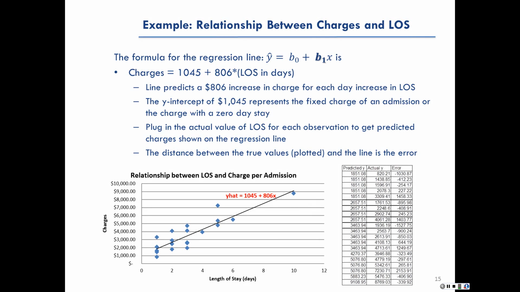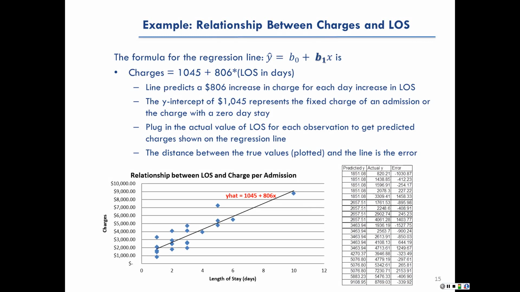And so the other interesting thing about this graphic is the distance between the true values plotted in the diamonds on the graph and the line is the error term. And so in the table on the right-hand side, the columns, I have the predicted values of y given what we had on the previous slide for the values of x and our intercept and our regression coefficient.